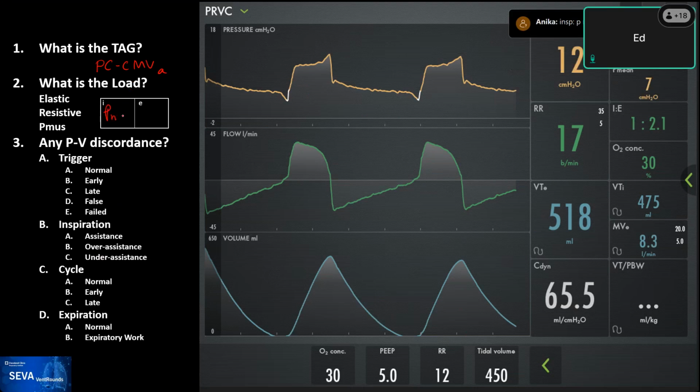During inspiration it is Pmus, and now you can see very nicely how this patient, instead of having this exponential decay, all this area is Pmus. And now there's some work coming out trying to assess the curvature of the curve and estimate Pmus from it. But for you, it just means this patient has presence of Pmus right now. This is what it means.